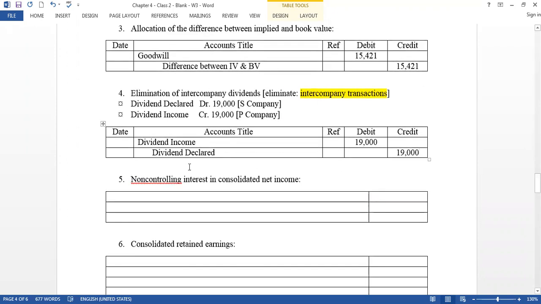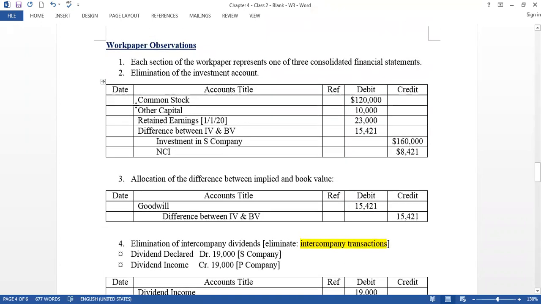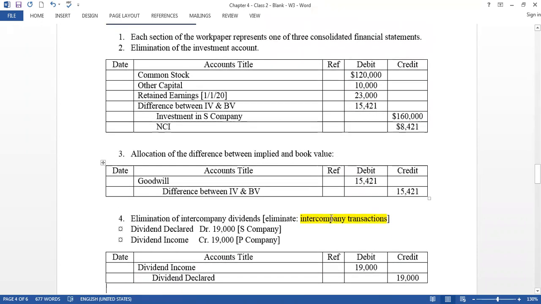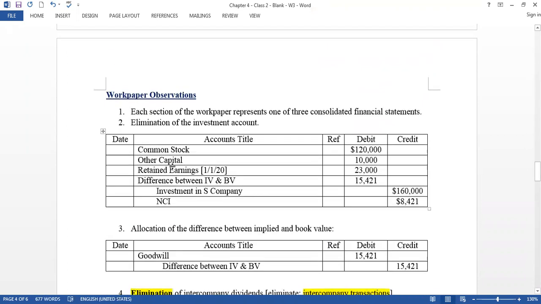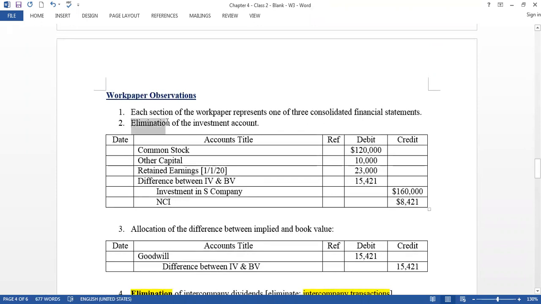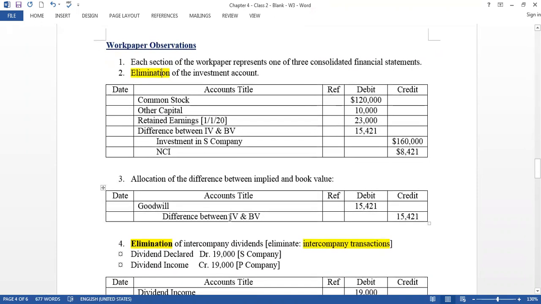We close. So 2, 3, and 4 are based on elimination. You can see that 2, 3, 4. 2 is elimination, right? After eliminating, we eliminate the difference and we establish goodwill, right?